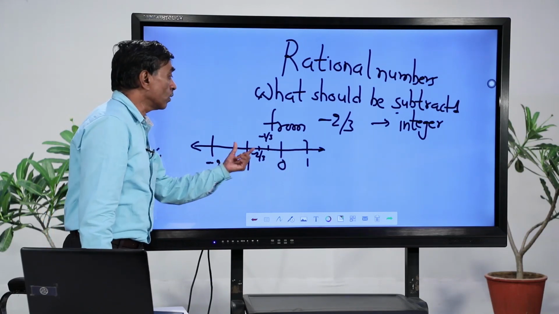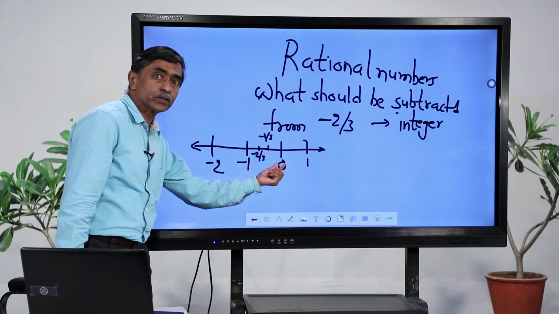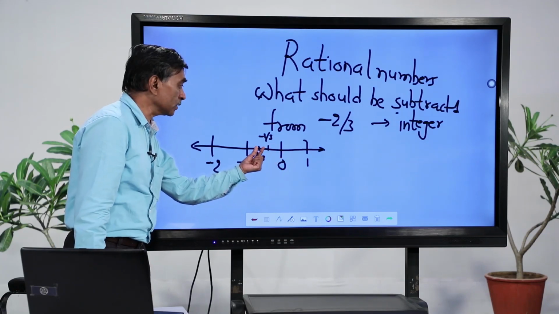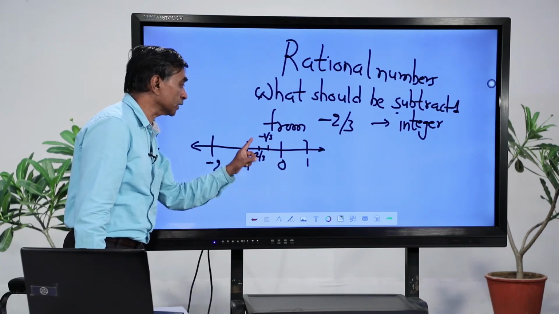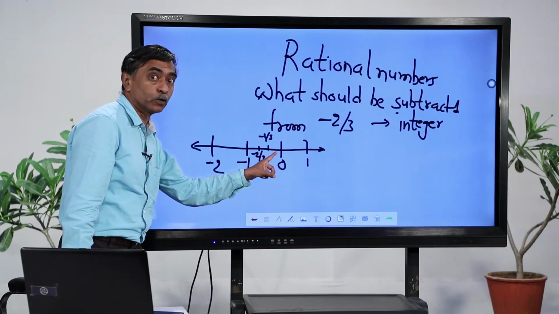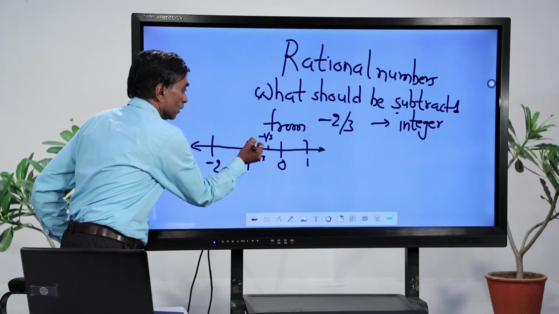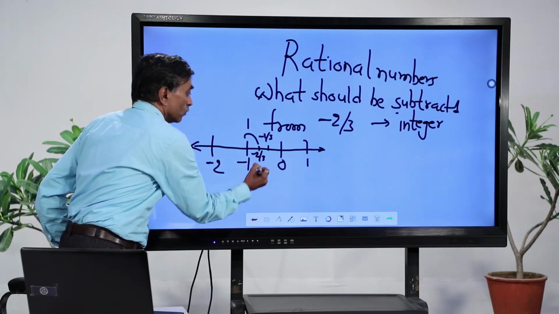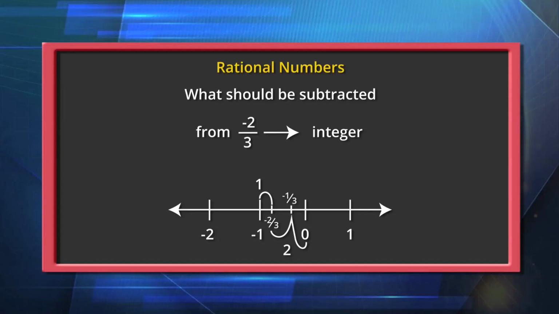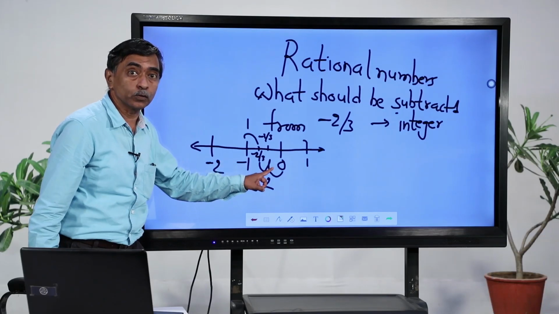And see, from these sections that you see here, how many sections are there? 1 and 2 sections before you reach 0. 0 is one of the integers, but you have to jump just once to reach -1, whereas to reach 0 you have to jump twice. So, which will be the nearest one? -1 will be the nearest integer to -2/3.